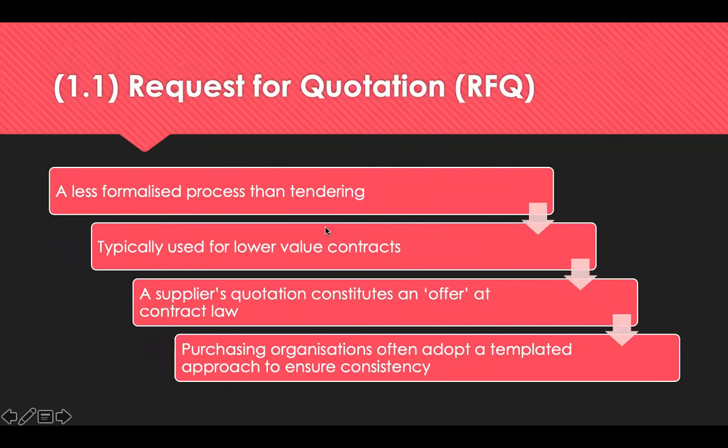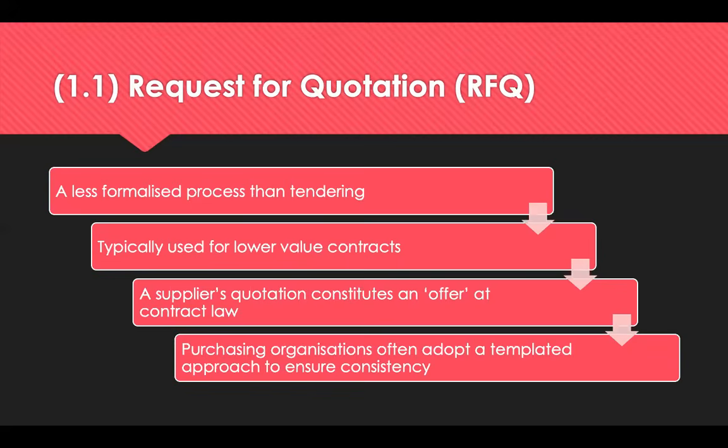So if it was an RFQ, this is a request for a quote, which we often use for lower value transactions. But the quote received is legally binding once it's accepted by the buyer. And those forms form part of the contract. Now, an organisation will normally have a template they use for an RFQ, so that they can ask the same information from every potential supplier and make the process for producing the RFQs quick and easy, rather than creating new ones every time.